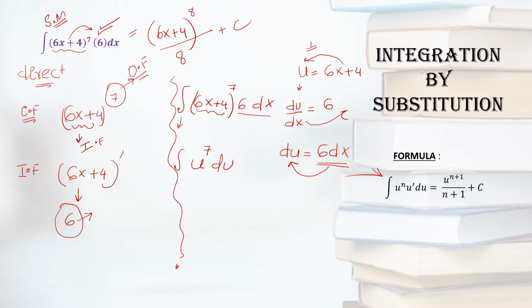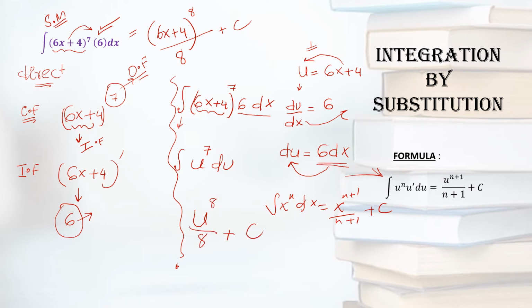Now this is the normal power rule. It says that if x to the power n dx is written, you have to add 1 to the power and write the same thing in the denominator. So you will write u, add 1 to the power, so 7 plus 1 will give you u to the power 8 divided by 8, plus c.